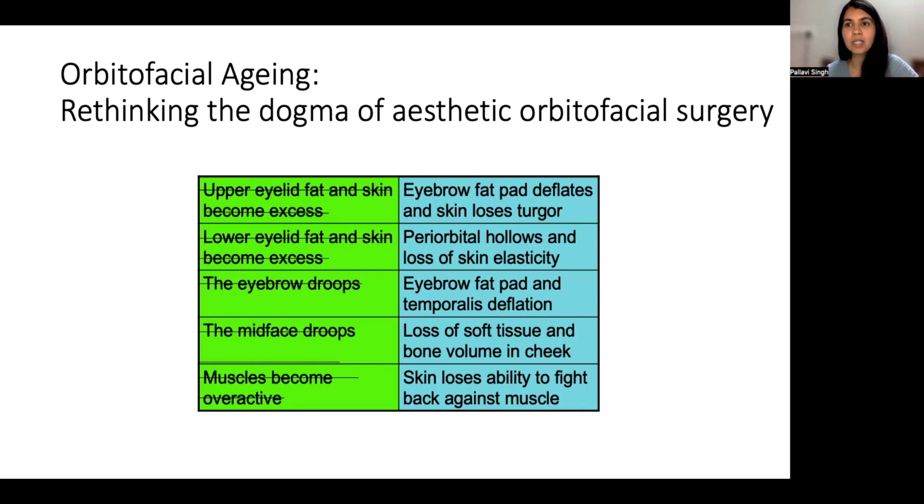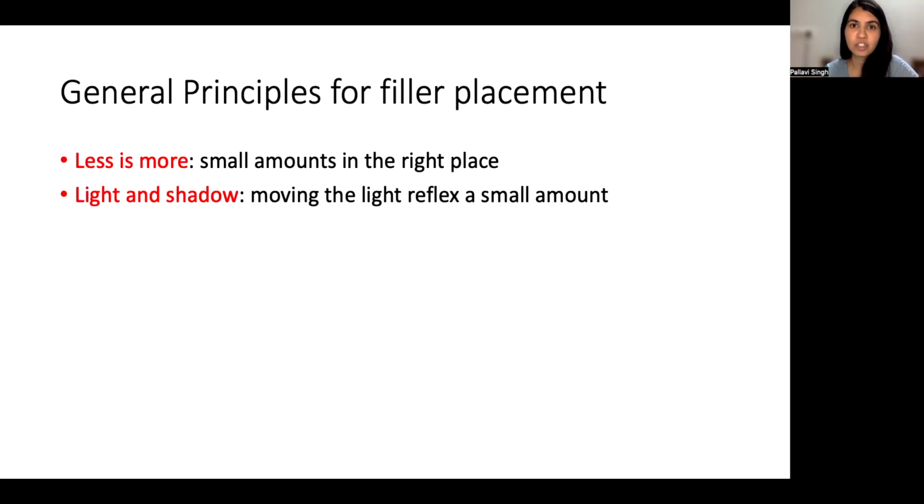So, keeping that in mind, I think the goal of using hyaluronic acid fillers for aesthetic treatments, the idea of using these fillers is to basically revolumize the face, replenish that lost volume that we kind of lose with aging.